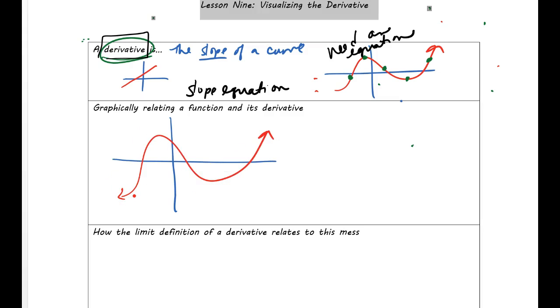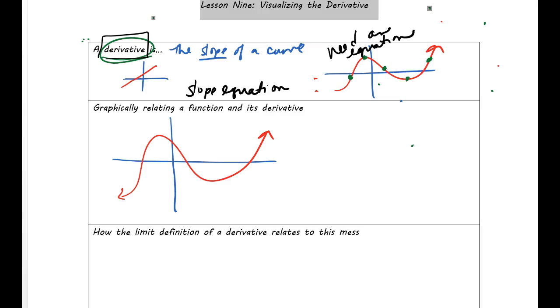So if I have a curve and I'm trying to talk about what the derivative, or the slope, is: if I were to ask you what the slope is, you better ask me where, because the slope is different from point to point to point. So what you need to be able to do is zoom in on an area.